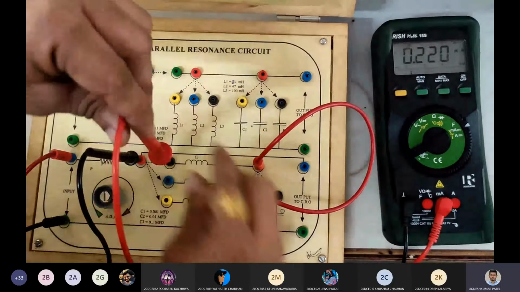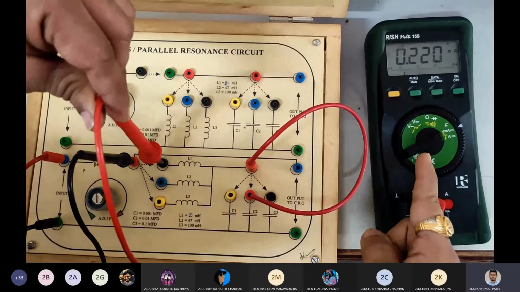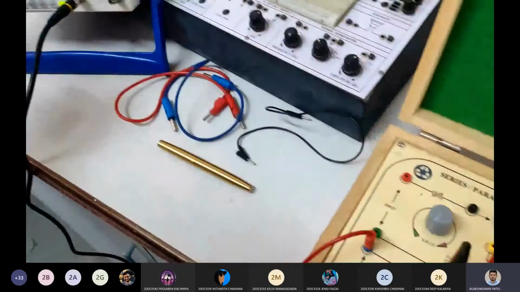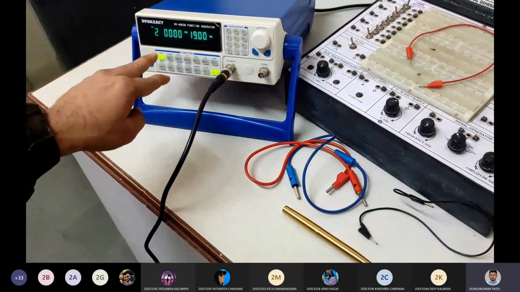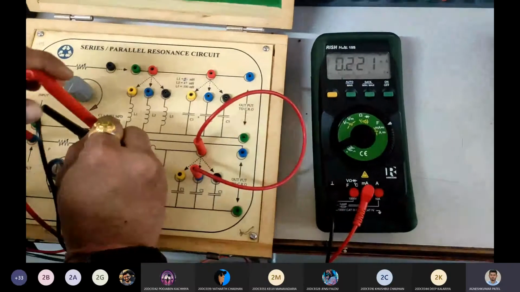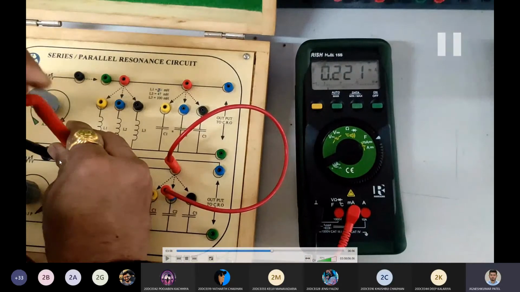You can see I have used a multimeter to measure the current at this frequency of 29 kilohertz. Right now it is 29 kilohertz, and we can see the current is 221. The current is measured between this resistance and inductor using this ammeter.